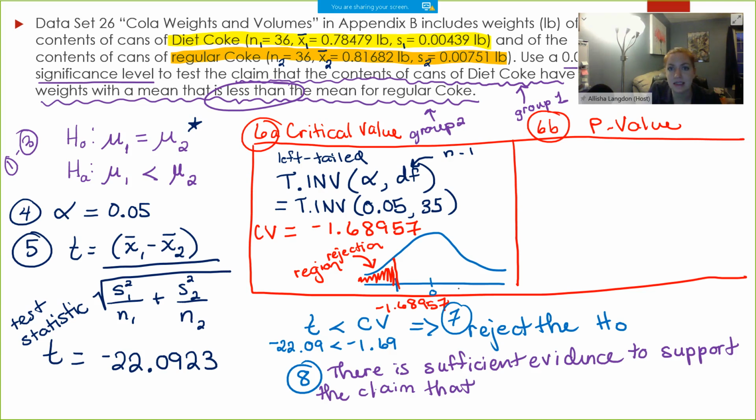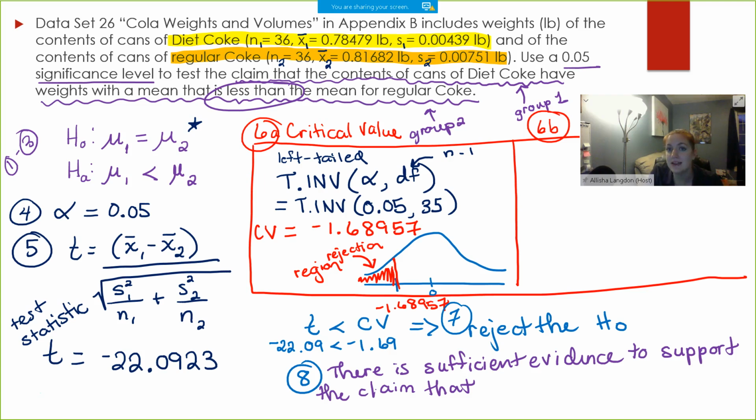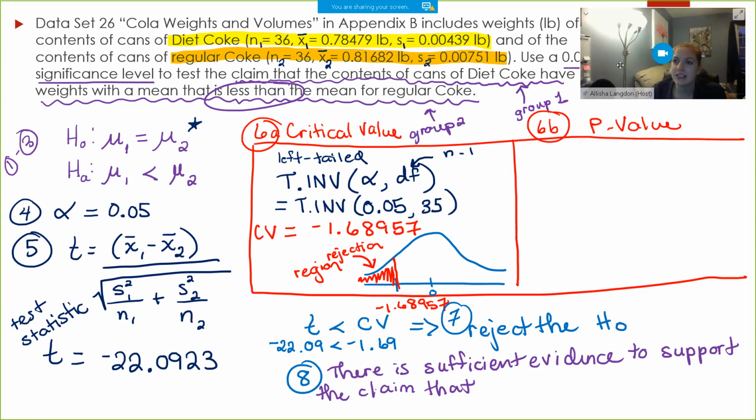Claim that the contents, okay, I'm not going to actually write this all out because it's right up here, but the contents of cans of Diet Coke have weights with a mean that is less than the mean of regular Coke, aka Diet Coke weighs less. We learned something today, guys. I don't know how useful that information is, but hey, you can go tell your friends. A little nugget of information. Diet Coke weighs less than regular Coke. Okay.